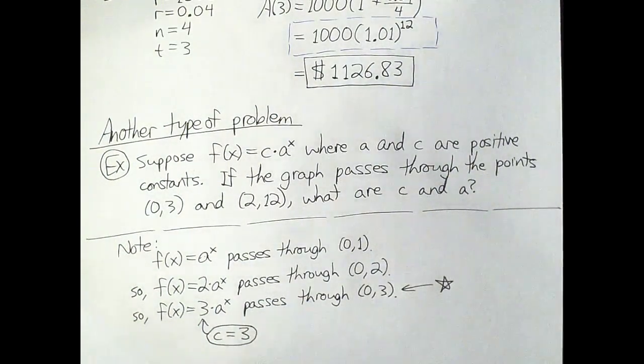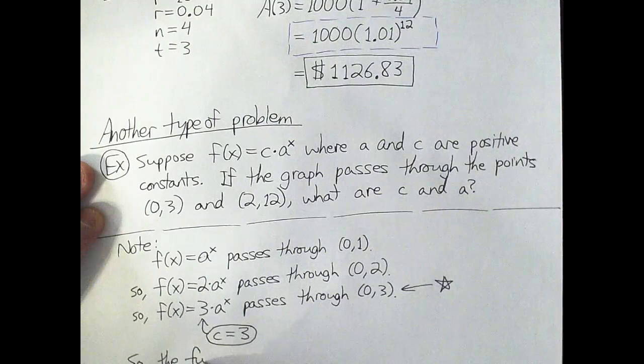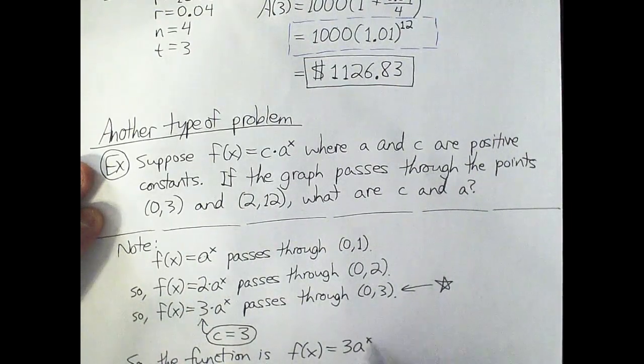We also want to find out what a is. So the function is f of x equals 3a to the x for some constant a. We still want to find out what a is.